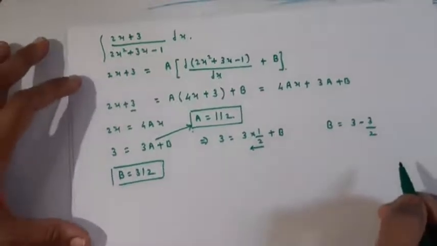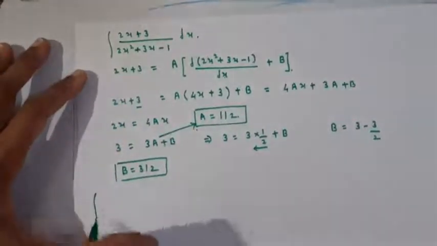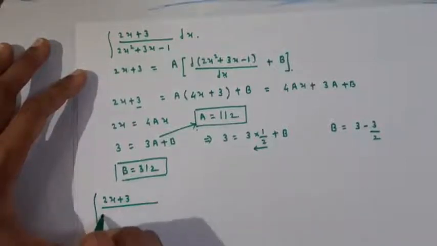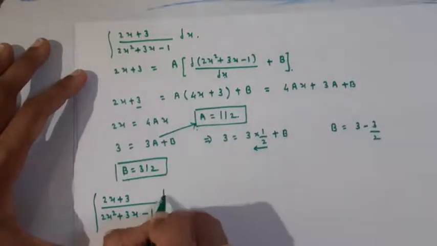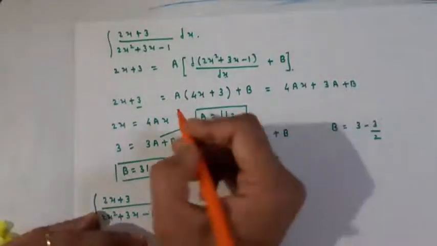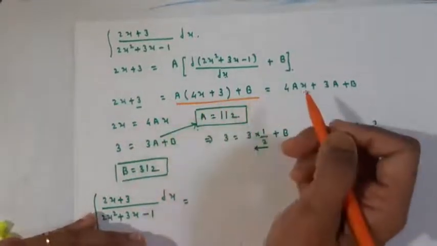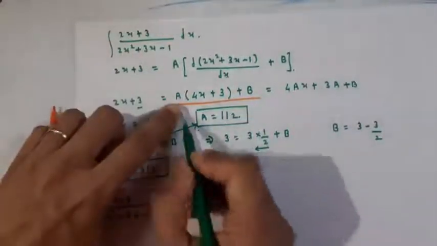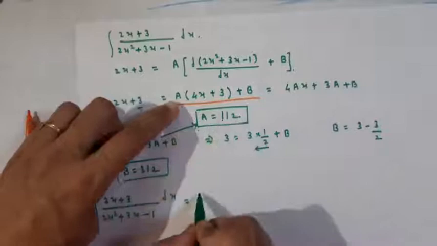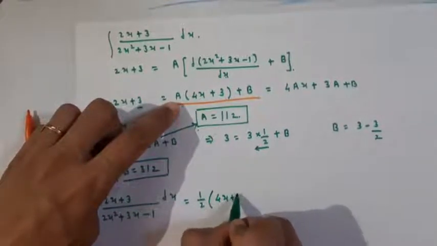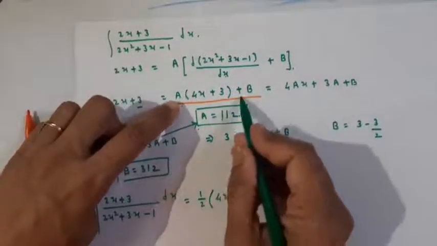Okay, and now the integration of 2x plus 3 upon 2x square plus 3x minus 1 with respect to x, we have to write in the form of this. What is the value of a? A is 1 by 2, that is 1 by 2 into 4x plus 3 plus b.